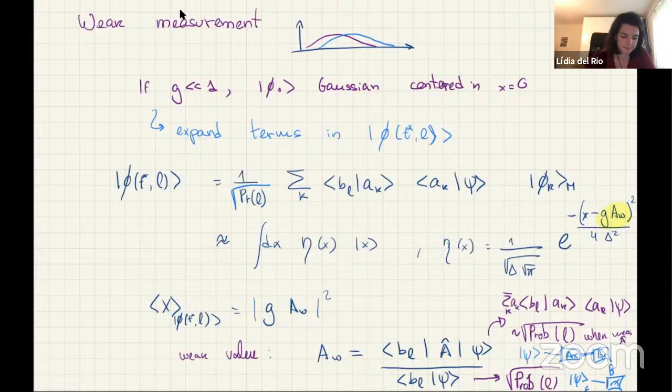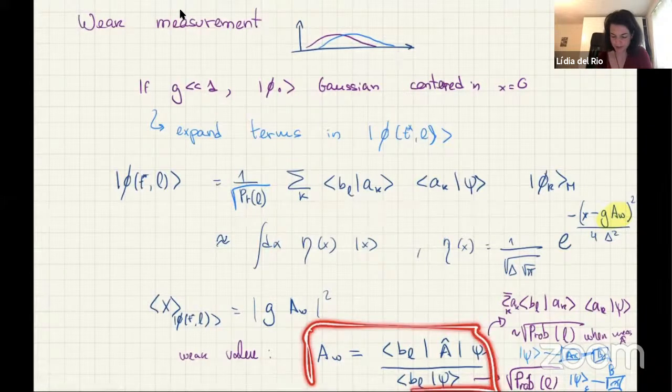Okay, let's continue. So the preliminary conclusion here is that we derived how this weak value comes to be.